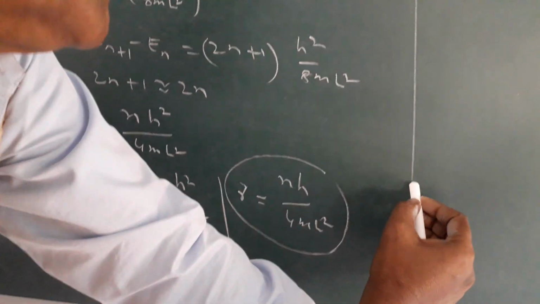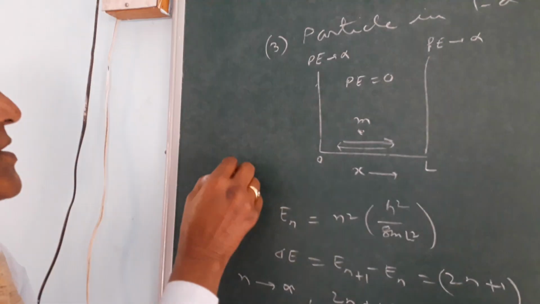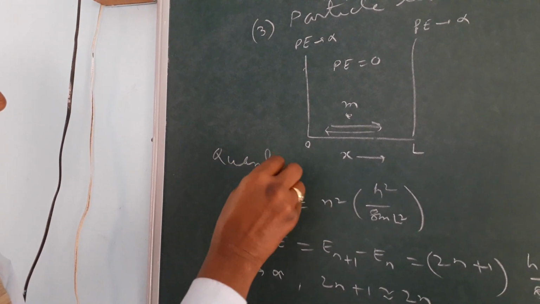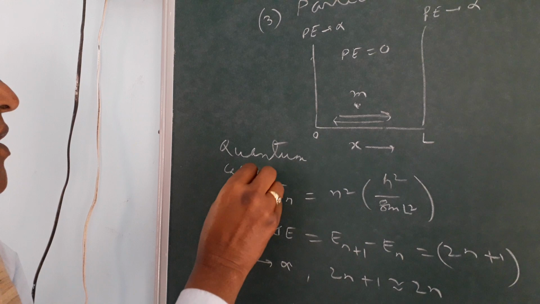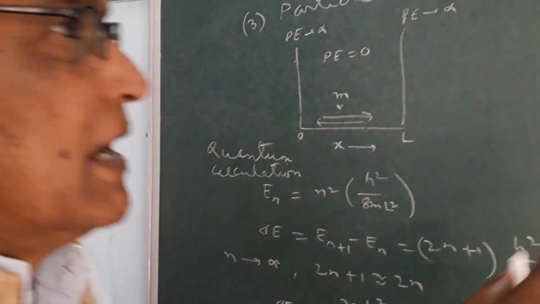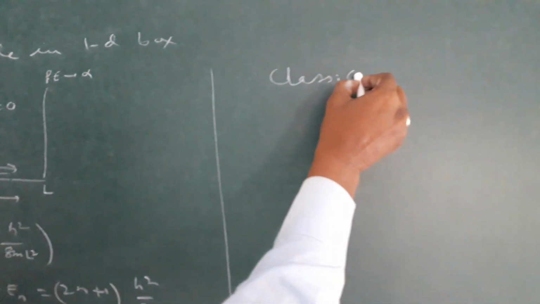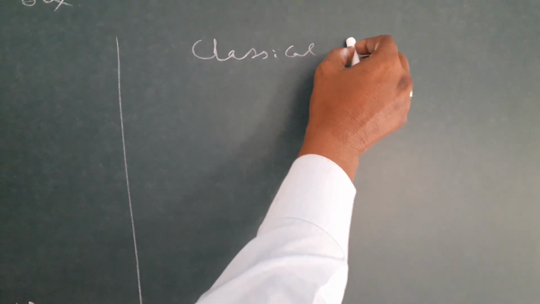Now we find the classical calculations. It is the quantum calculation, or the calculation based on quantum theory, and it is the classical calculation.